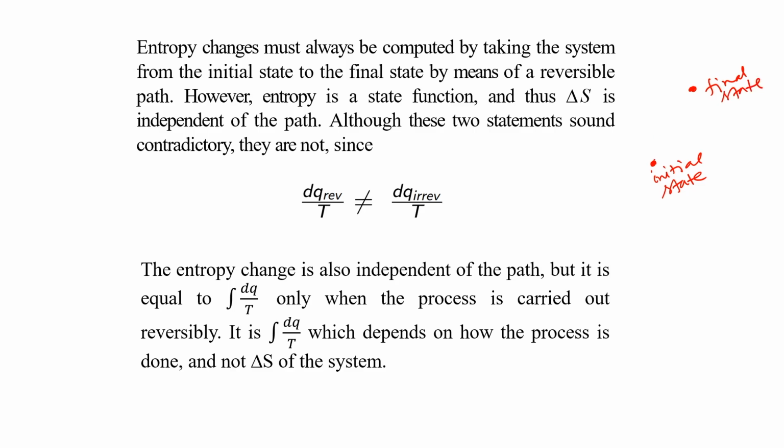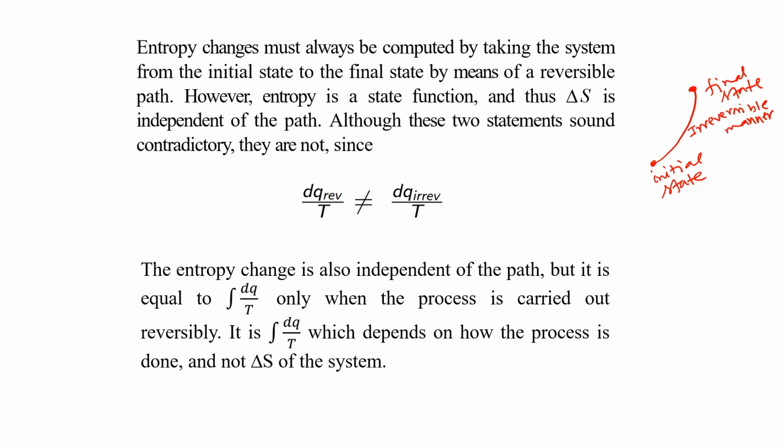Now you go from the initial to the final state in an irreversible manner. But since in an irreversible manner you cannot actually calculate the change in entropy, and since entropy is a state function, it does not depend on path.